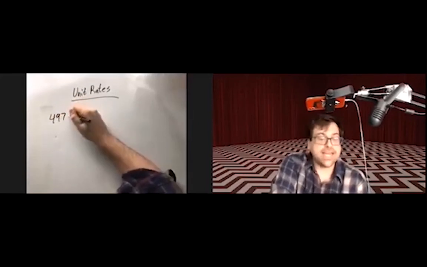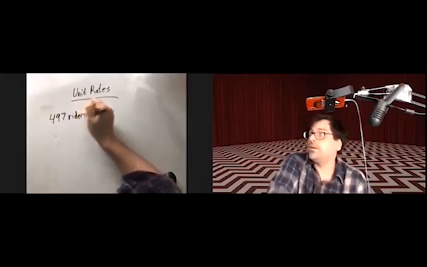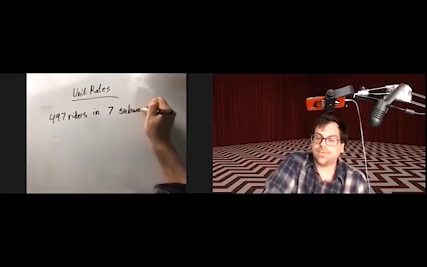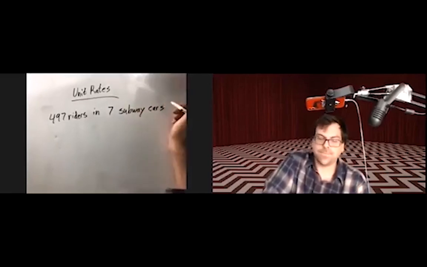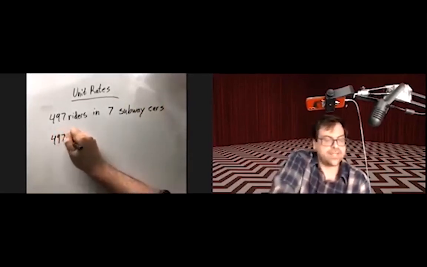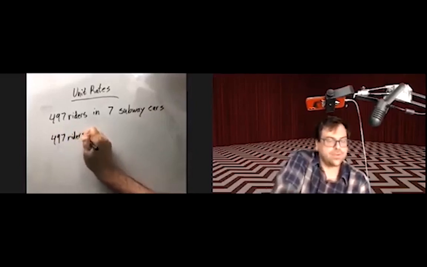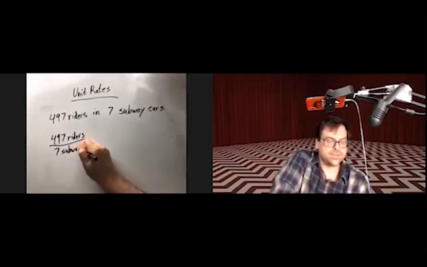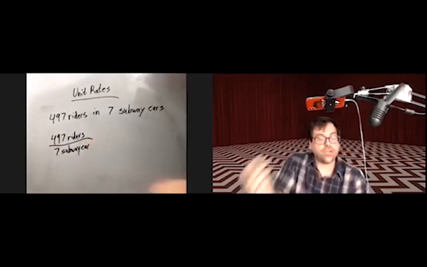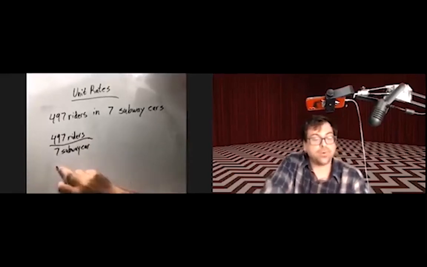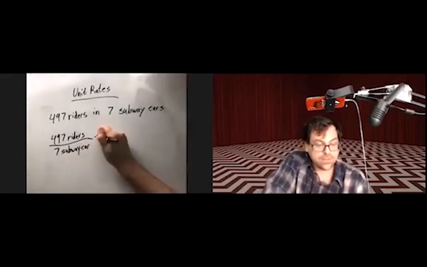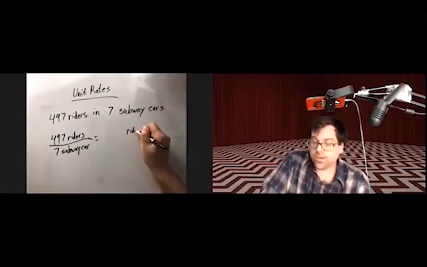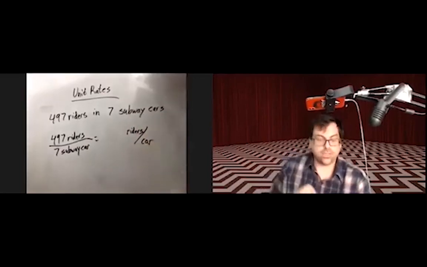If there's 497 riders in 7 subway cars, 497 riders per 7 subway cars, the unit rate is going to tell us how many per 1 subway car. Some number of riders per car.